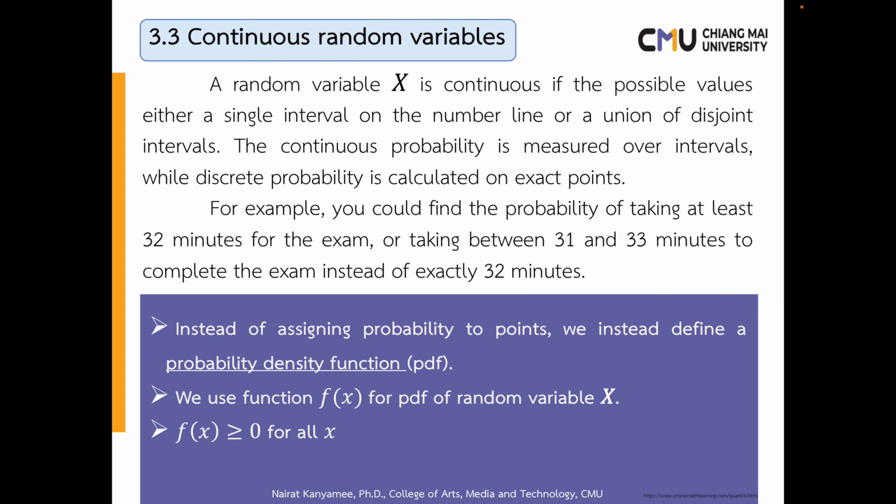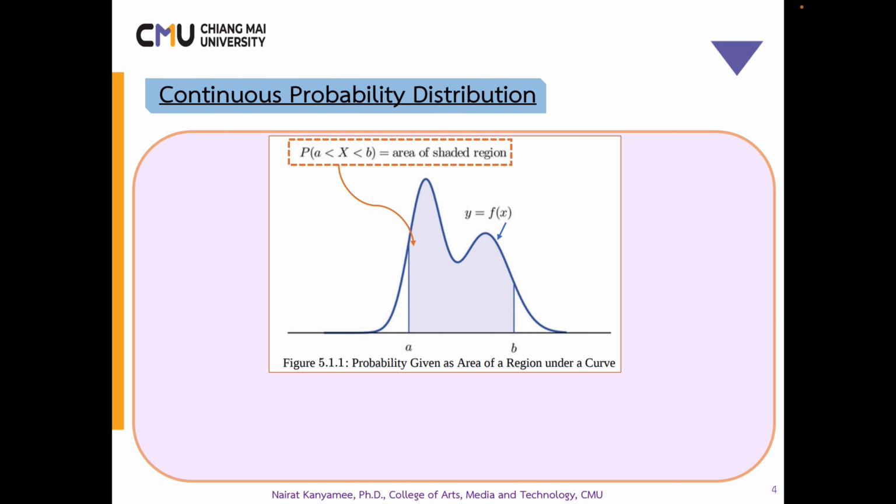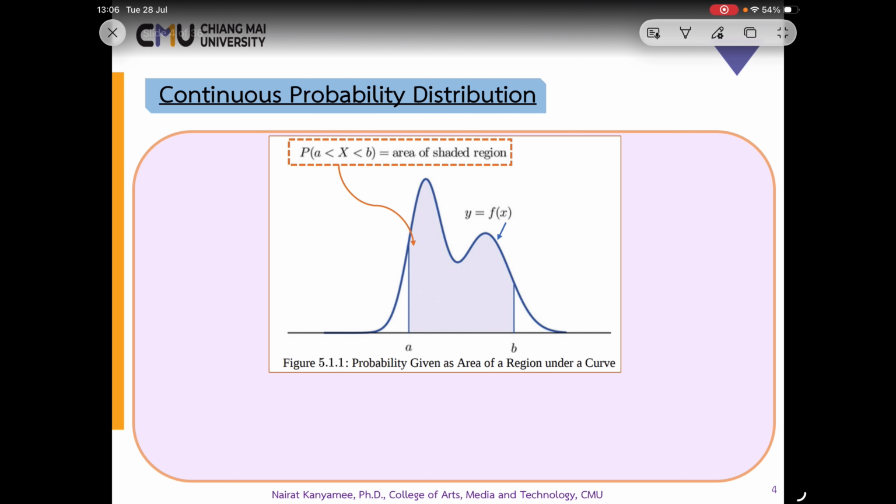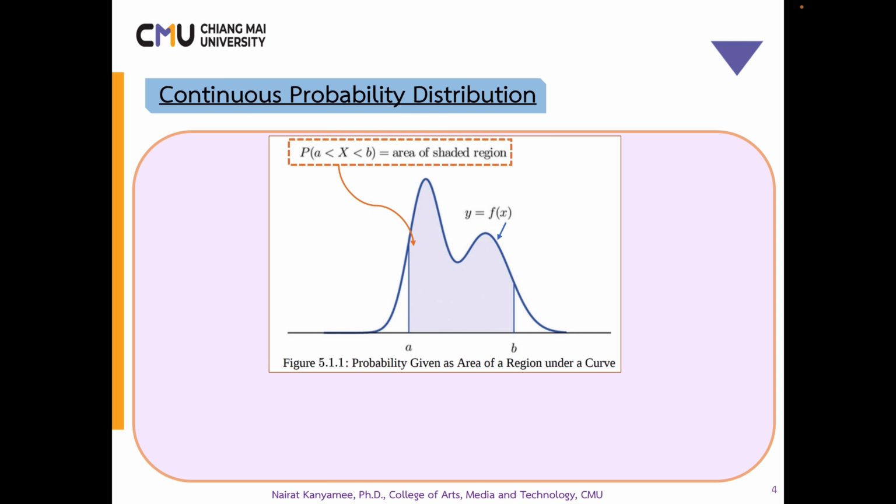Let's see the picture. For the continuous case, the graph of the distribution is continuous, like a line. Before this, it was like a histogram, with bars next to each other. But for the continuous case, the distribution is continuous like a line, for example like this.